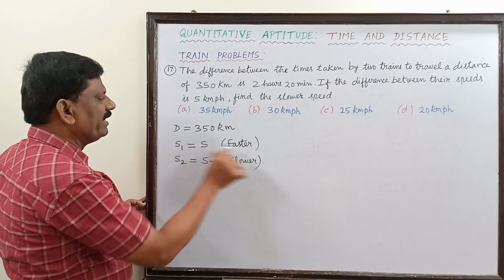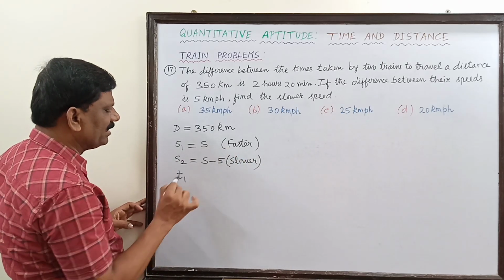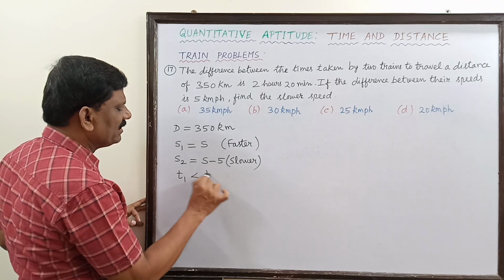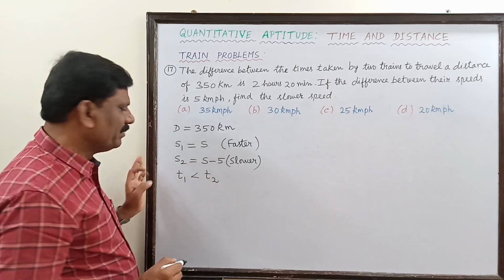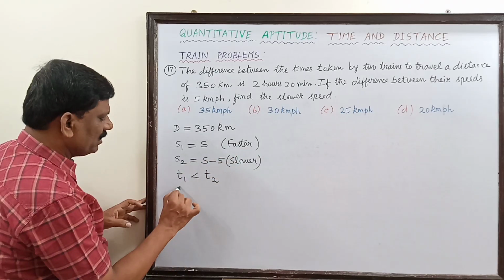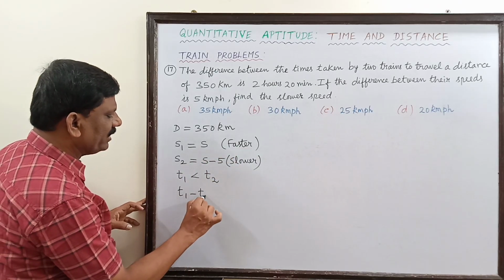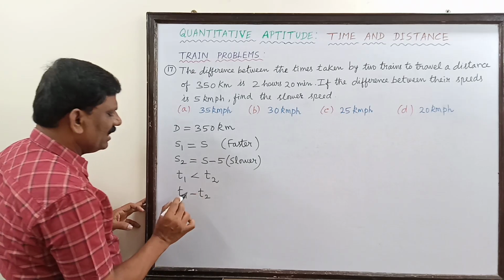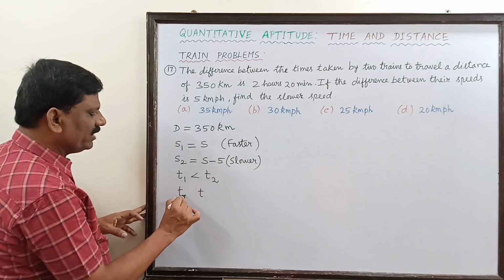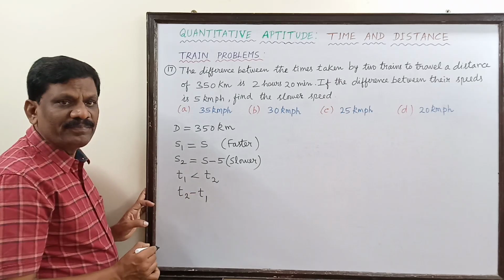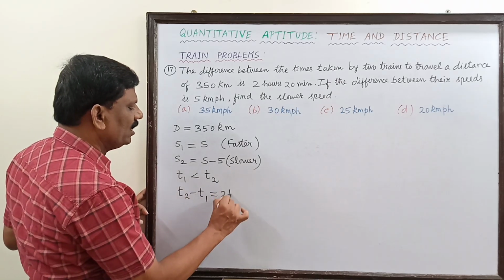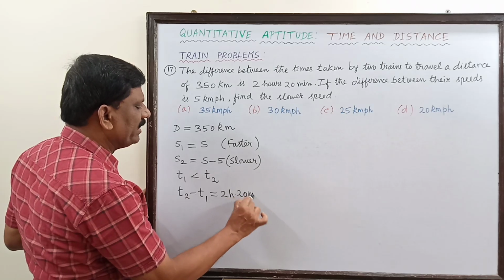When the first train is faster, the time taken by the first train is lesser than the second train. The time taken by the first train should be lesser because it is faster. So T1 is lesser than T2. So T2 minus T1, where T2 is greater and T1 is lesser, is 2 hours and 20 minutes.